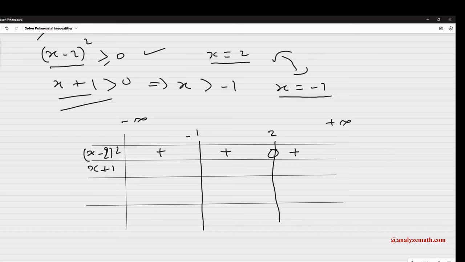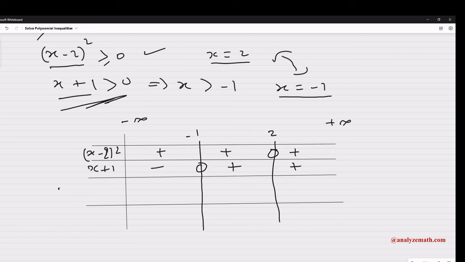And we know that x plus 1 is positive when x is bigger than minus 1. This is minus 1. So bigger, it's here. Here, this will be positive. So we put plus here, and negative here. And when x equals minus 1 exactly, this will be 0.